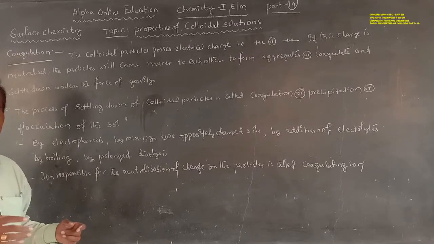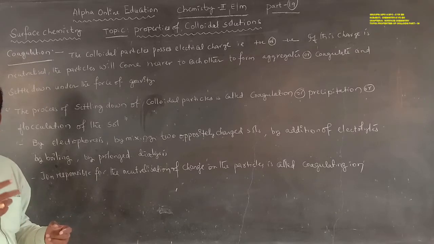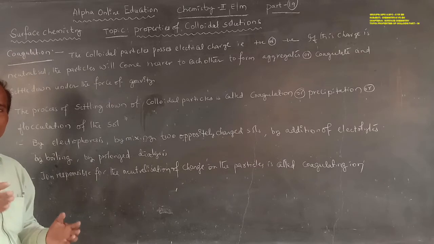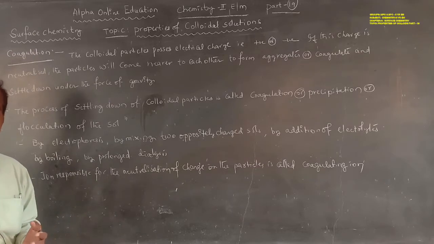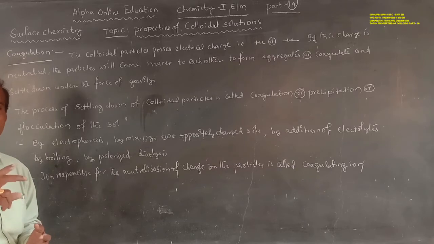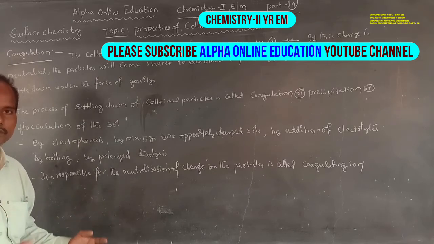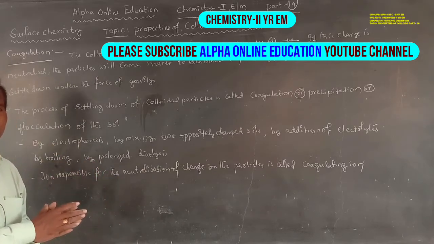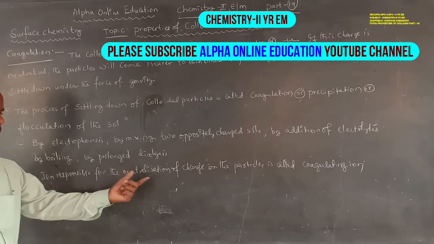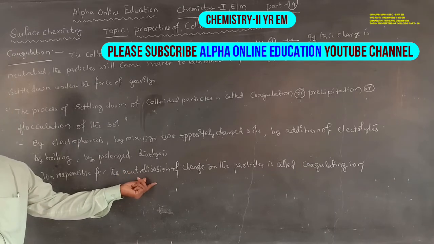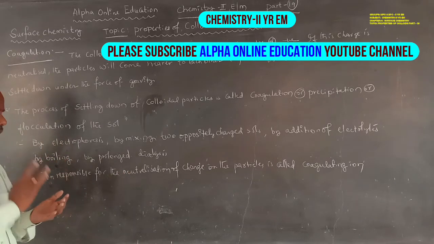In order to coagulate it, negatively charged ions are added, or the negatively charged anion of a salt reacts with the positively charged particles, which causes coagulation.